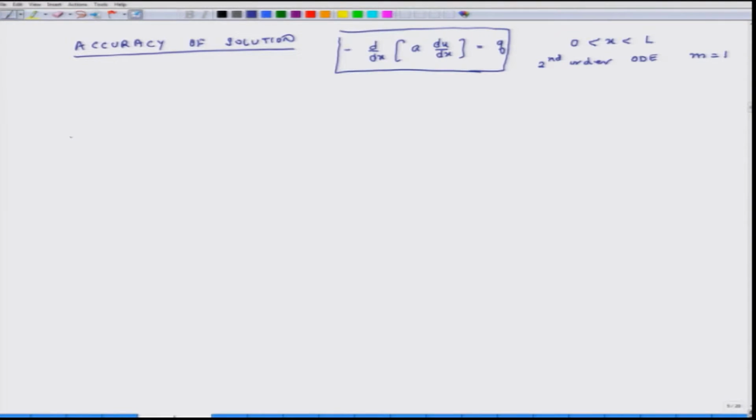So for instance, we look at a cable. You have a cable and some weight is hanging on it and it is trying to bend. So for a cable, U represents transverse displacement, and A represents tension in the cable.